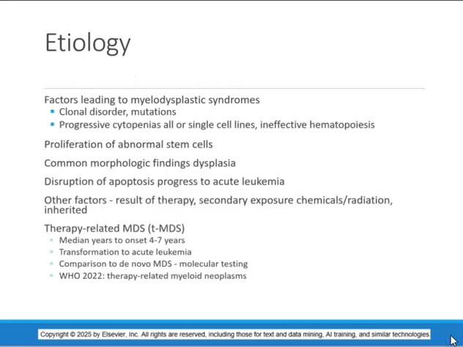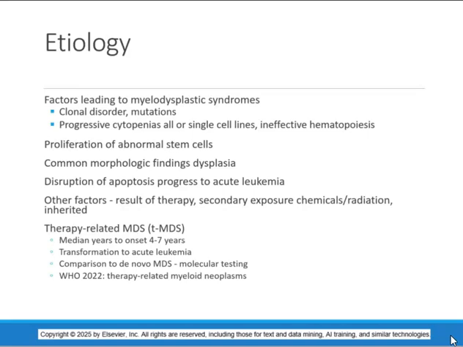So what causes this? That would be nice to know. It's some kind of mutation causing problems with the stem cells, so it's a clonal disorder. Cells don't go right. It could be one cell line. It could be all of them. So it's very ineffective hematopoiesis. So it's not really considered leukemia yet, or myeloproliferative yet.